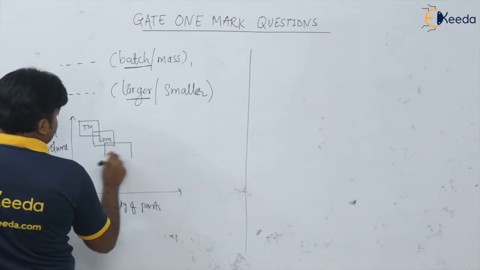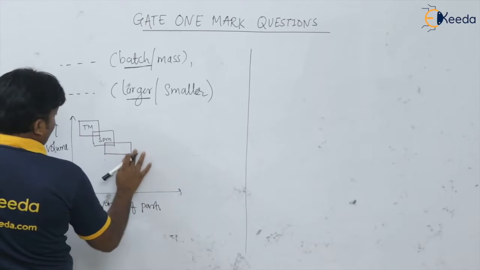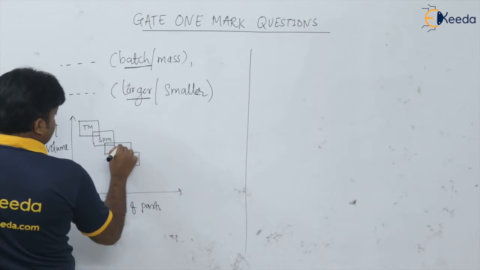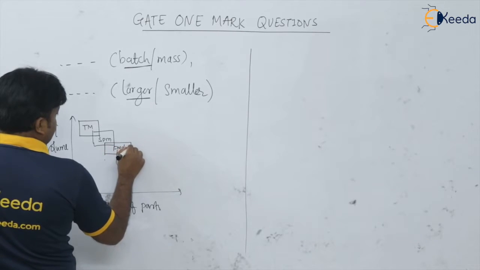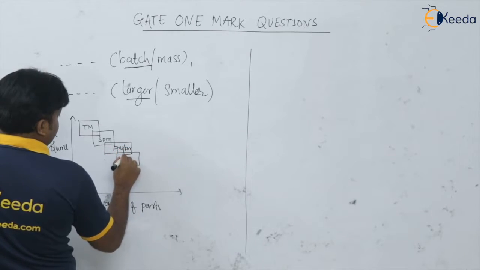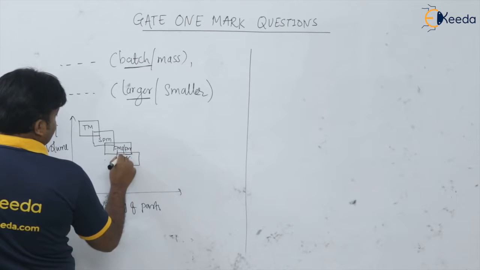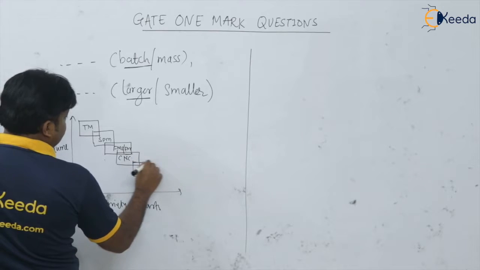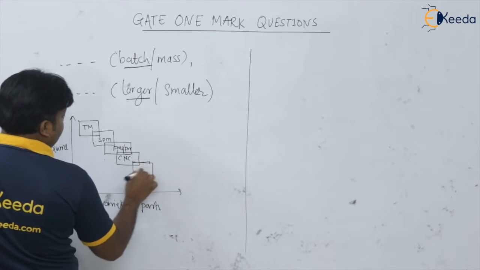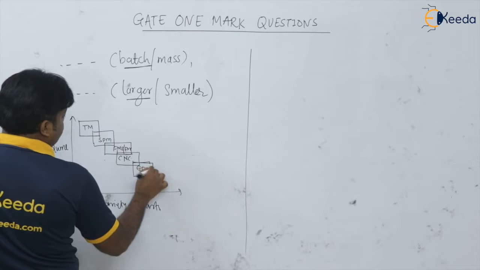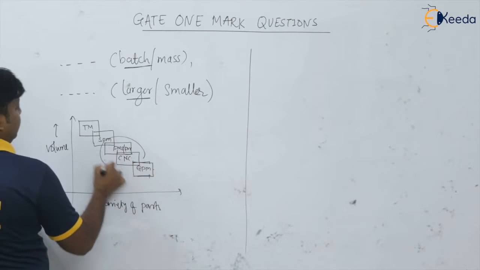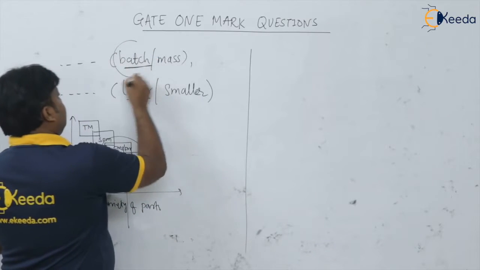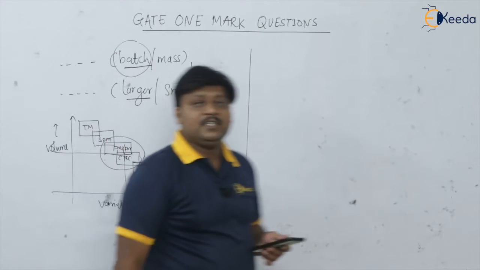If you look at this medium volume and medium variety range, we are getting this FMS or FMC and our NC CNC machines, and with the maximum varieties but very less volume, we are having general purpose machines. So these are the medium variety, medium volume, that is the batch type production, isn't it?